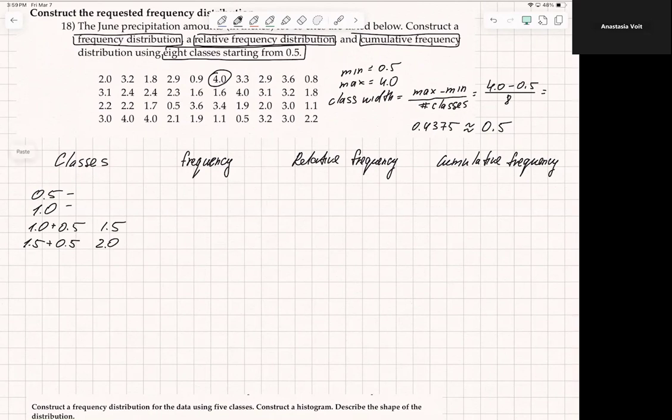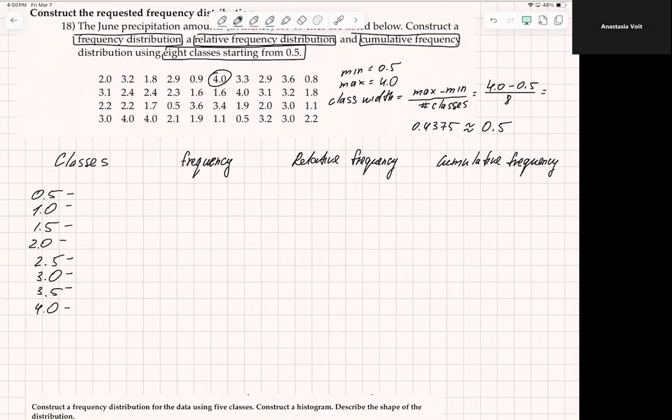And then we keep on adding our 0.5 every time. So this is the first class, second class, third class, fourth class, fifth class, sixth, seventh, and eighth class. So we would have 2.5, 3.0, 3.5, 4.0. So these are all the lower limits for all of the classes that we have, right?